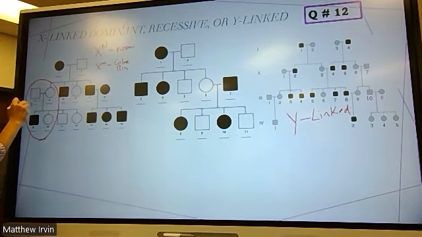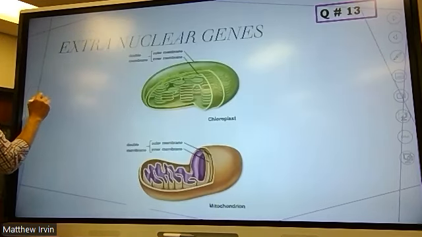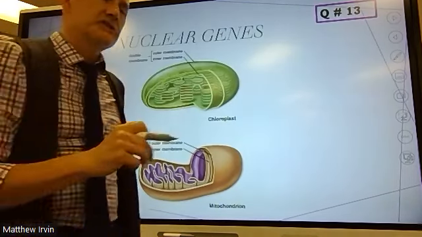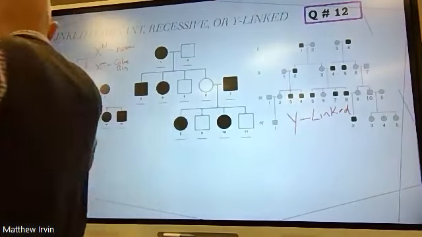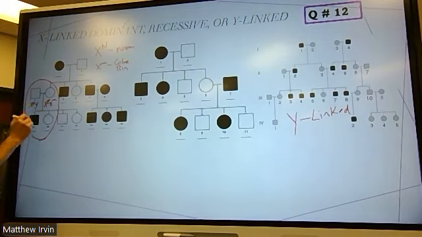Then this male would be X big N Y, and then this female would be X big N X little n. And so she is passing that little n down to her son right here.